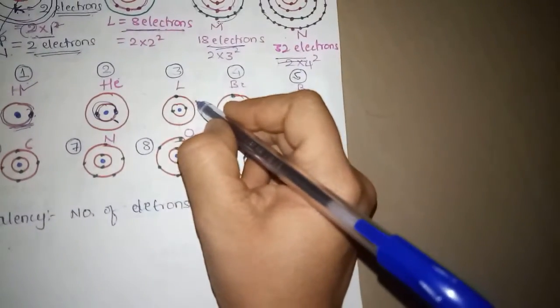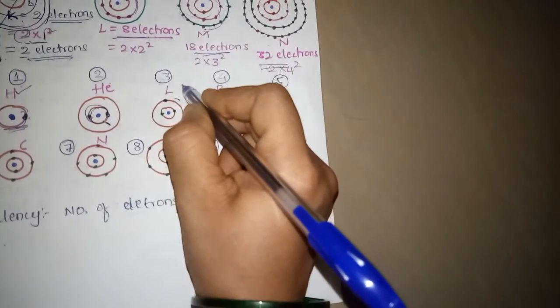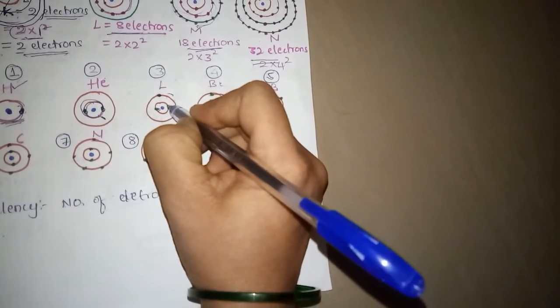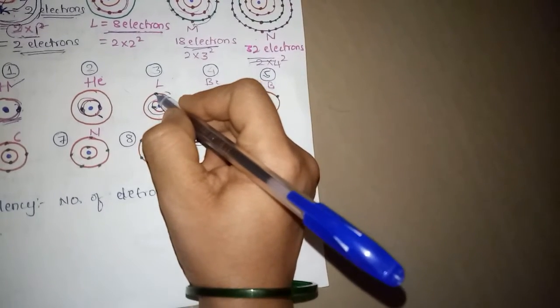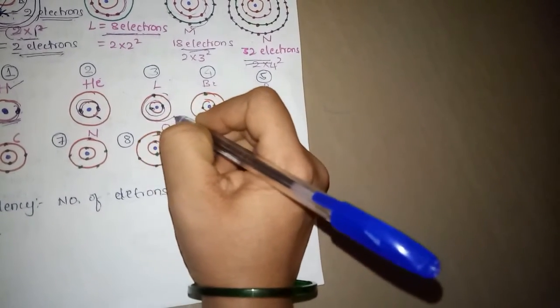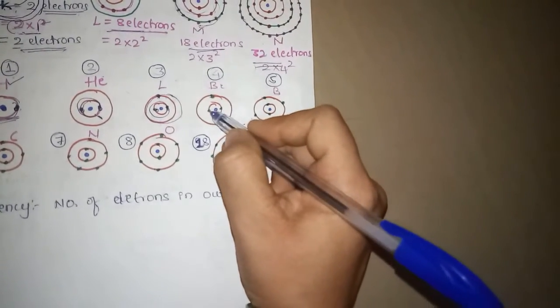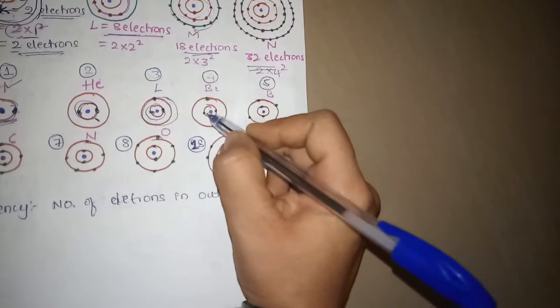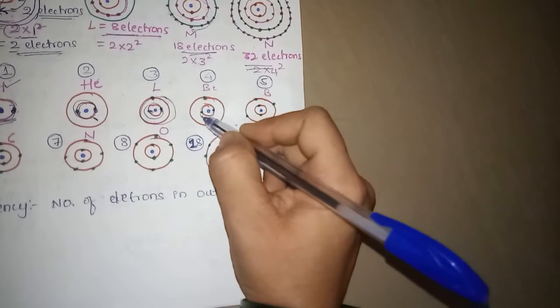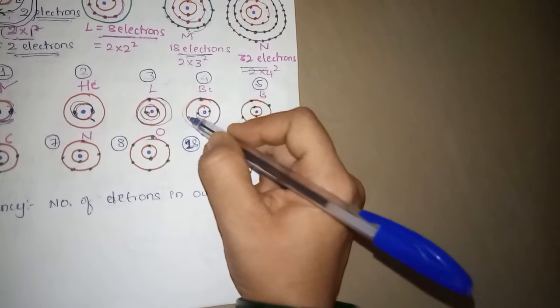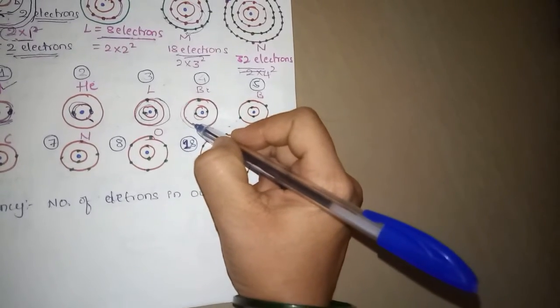Next, the third element, lithium, can store only 2 electrons in the first orbit, and the next electron is going to jump into the second orbit, because only 2 electrons can be stored in the first, and the next orbit can store a maximum of 8 electrons.